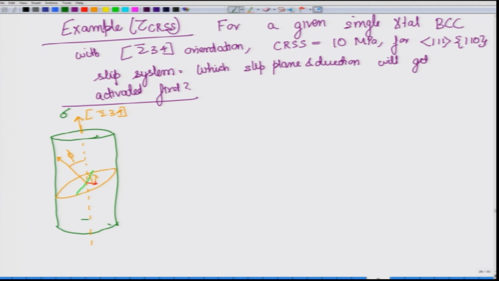It is being increased, and at a particular value this starts slipping, or dislocations start to move. At that particular stress, sigma becomes the yield stress, and the value at which it starts to move is related, like we showed earlier, to the critical resolved shear stress.